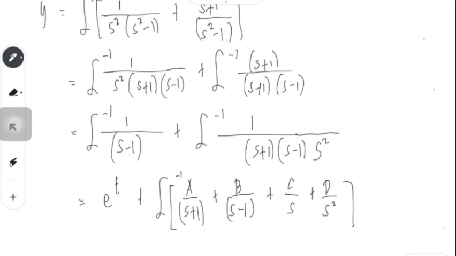Ito yung sa A, ito'y magiging e to the negative t. I hope you can follow. Any questions so far at this point? Paano mo isosolve yung A, B, C, and D? Alam ko meron na tayong example na ganito. So let's continue.